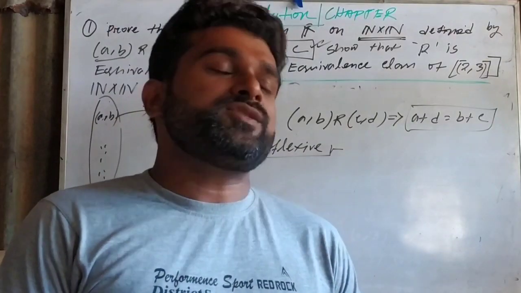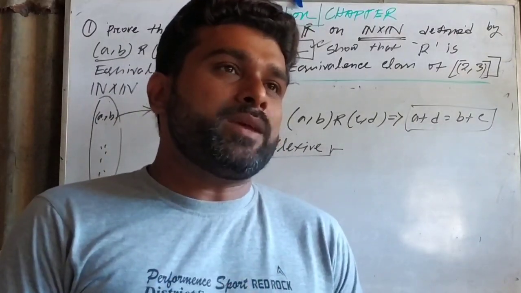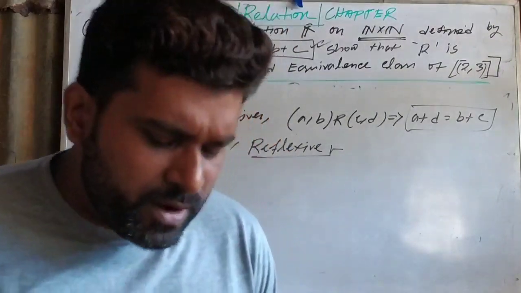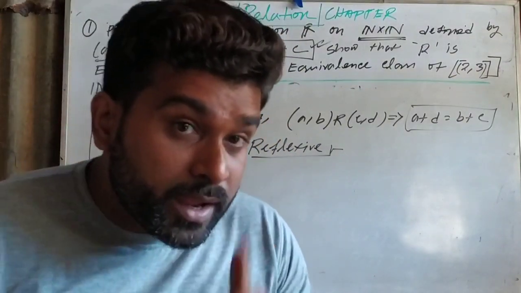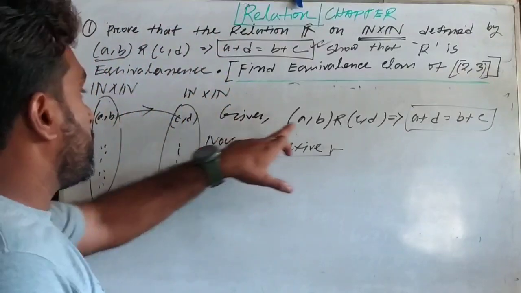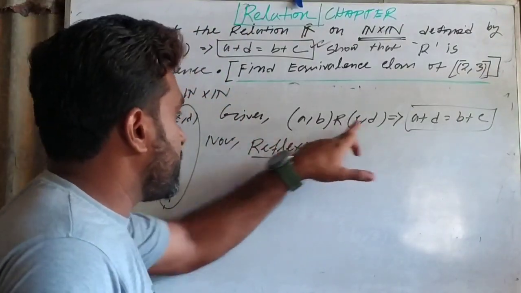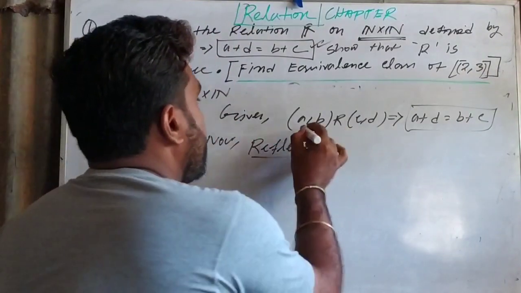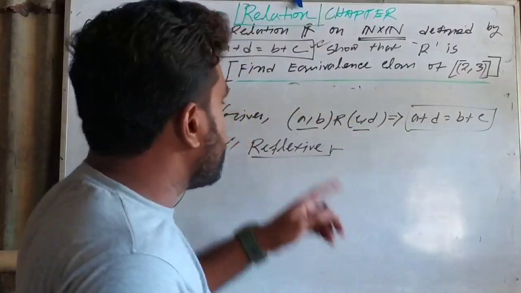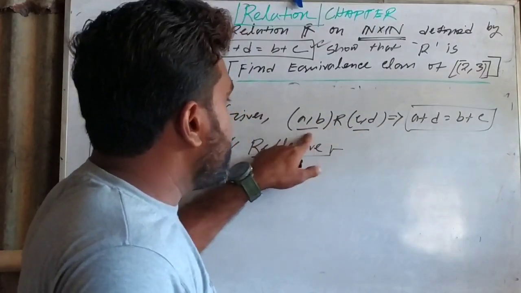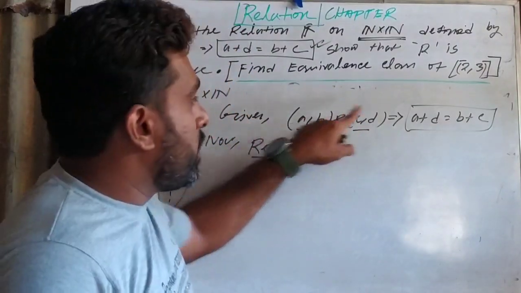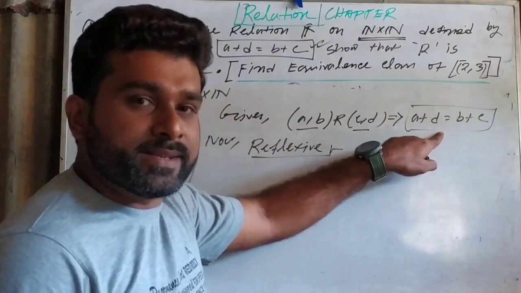Here each and every element is in the form of an ordered pair. These are the elements here. The relation between these two elements will be constructed when this condition is satisfied.